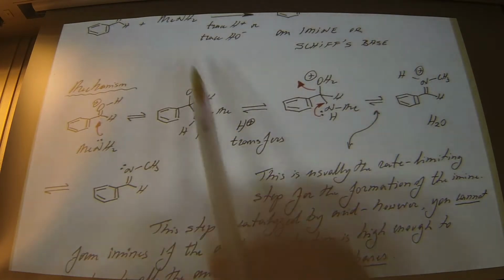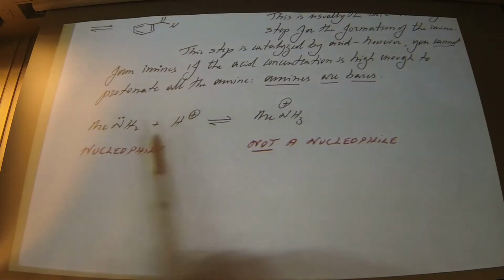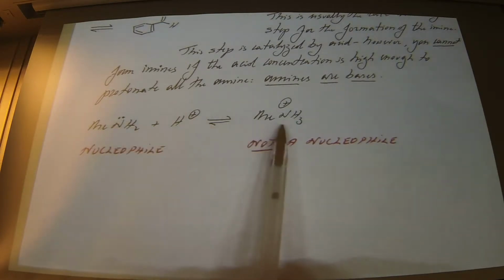Now, one thing to watch for when we're talking about nitrogen, the reaction is acid catalyzed. That means that you use less than stoichiometric acid. If you have superstoichiometric acid, then what will happen is that the nitrogen atom will be protonated all the time. This is a nucleophile, it has an electron pair. This is not.